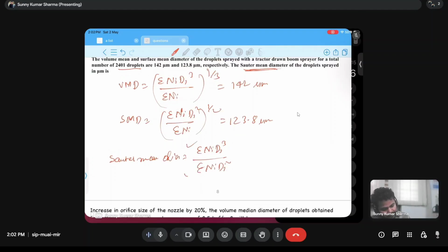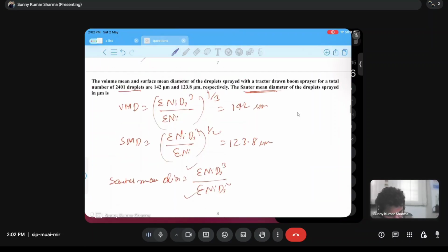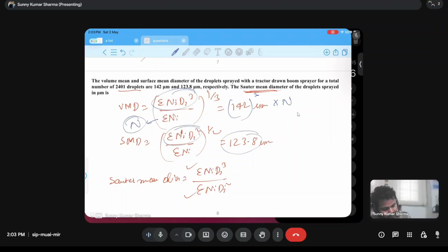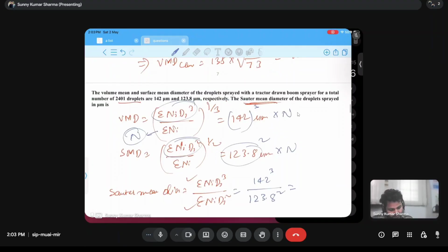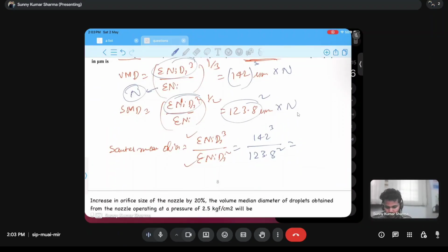If we know these values, which are already given in the expressions we have just written above, you can see that sigma ni di cube is equal to this value to the power cube into sigma ni, which we generally write as capital N. So 142 cube into N, and sigma ni di square is this value squared into N. So it will become 142 cube divided by 123.8 square.